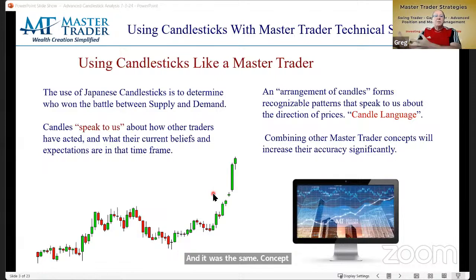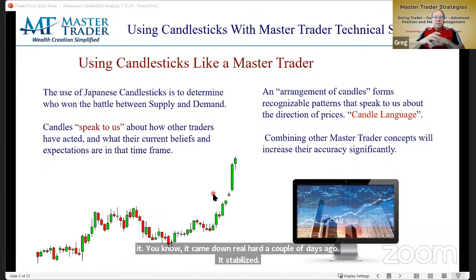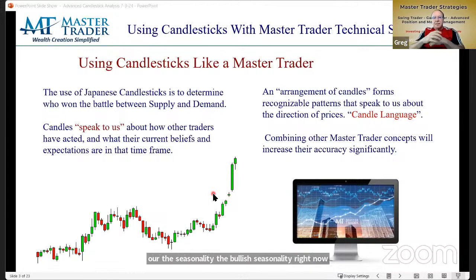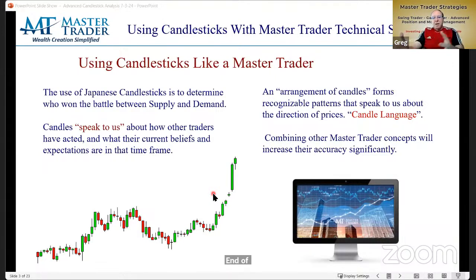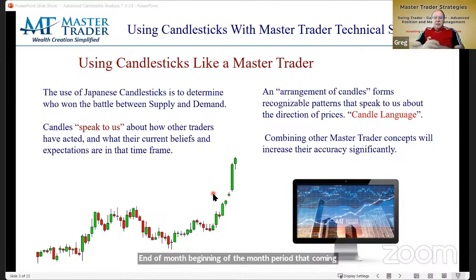Then if the markets were going to go up, and part of our analysis was the bullish seasonality right now, with the 4th of July holiday and the end of month, beginning of the month period coming together, typically the markets are bullish. And we're seeing that following through today to varying degrees.